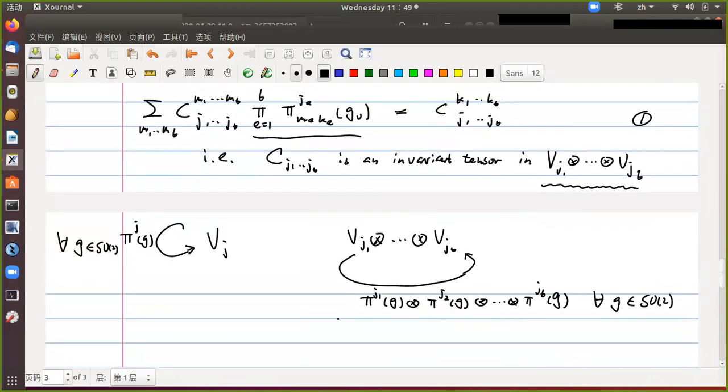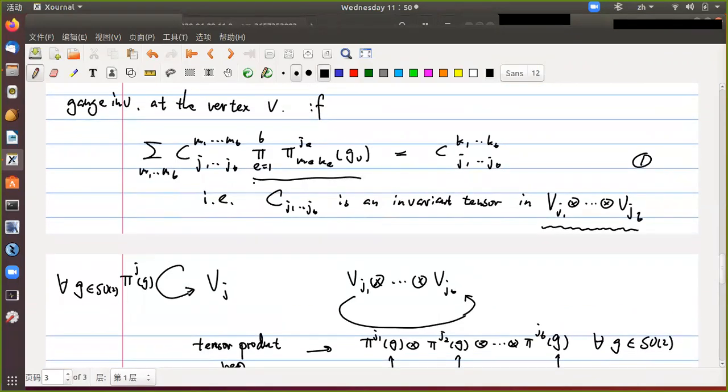So this is called the tensor product representation. Given any group element G, the tensor product representation uses the same G. The point is that it's the same G, and the same G gives a representation matrix, or an operator, acting on each individual factor of the representation space.